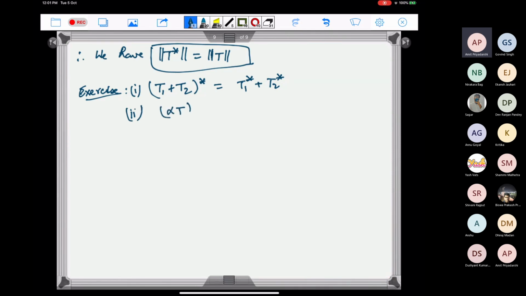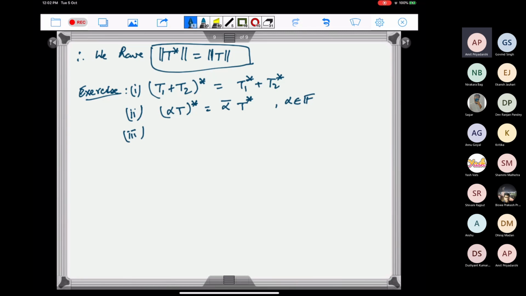So alpha times T, star. If alpha is any scalar, then this will be equal to alpha bar times T star. Here alpha belongs to F. Right. So this T going to T star is again a conjugate linear map. It is not linear. You get conjugate linear. And also this is easy to check.